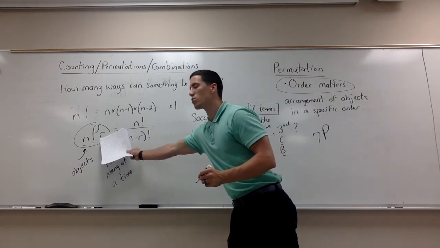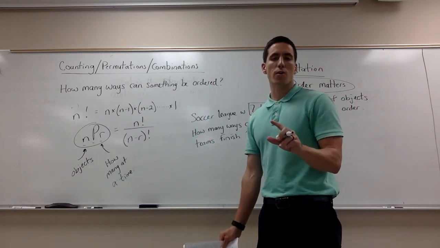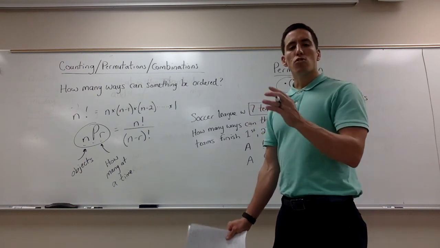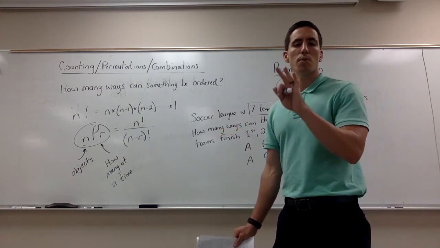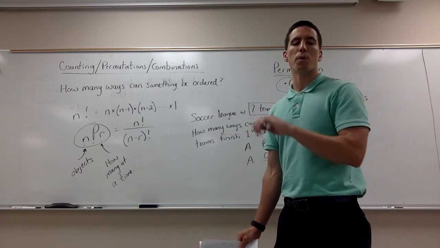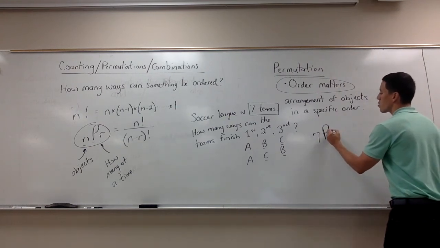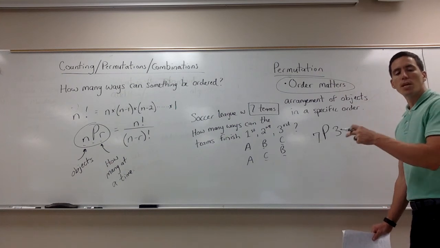So this gets back to this r variable. In our specific problem, we're only caring about how teams can finish first, second, and third. So each time we choose a set of teams to be first, second, and third, we're choosing them 3 at a time because we have 3 spots to fill. So we want 7 teams chosen 3 at a time, which we would shorthand write as 7P3.